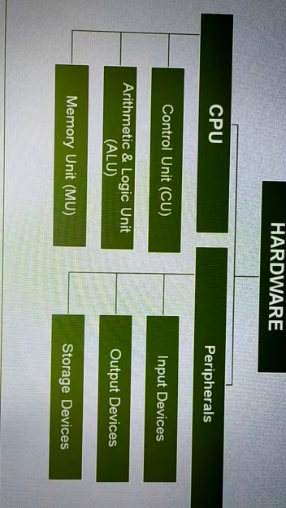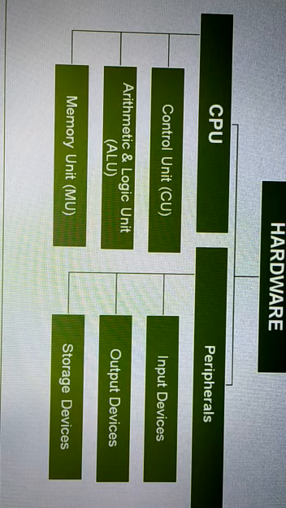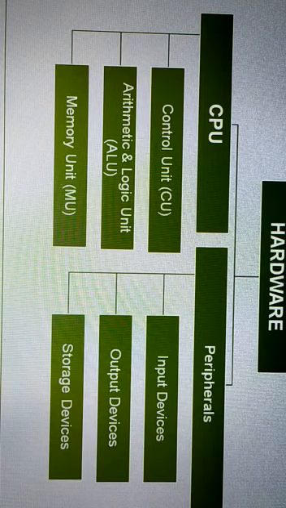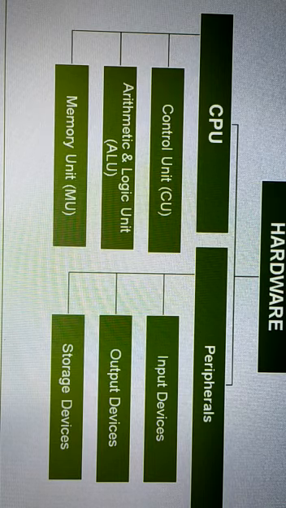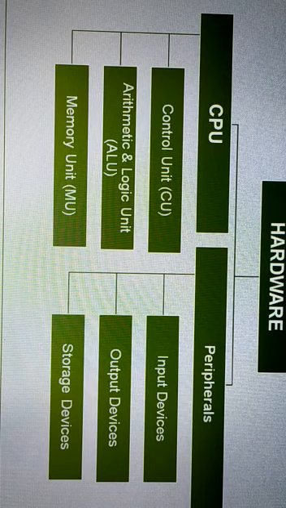Now, the CPU has mainly two parts: the control unit and the arithmetic and logic unit. Students, when we say CPU and we also call it processor, the difference between processor and CPU is this: the control unit and the arithmetic and logic unit together are known as the processor.